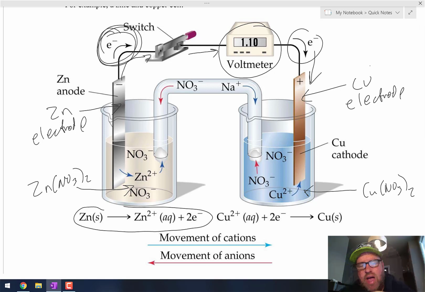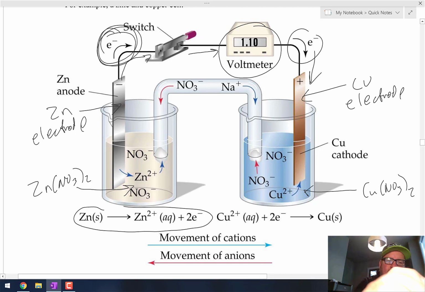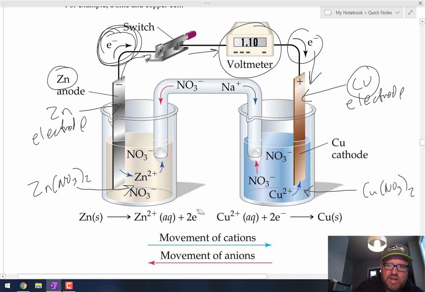The copper side is gaining those electrons, and gaining electrons is a reduction process. So the zinc is being oxidized and copper is being reduced. We can see that in these chemical equations here: zinc is losing electrons and copper is gaining those electrons.